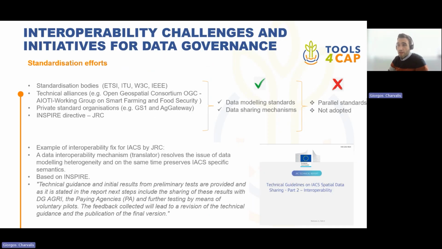There are various standardization efforts and technical alliances to provide those data standards and data sharing mechanisms. But most of those are parallel standards and not widely adopted, or if widely adopted, not in sectors that make it efficient.